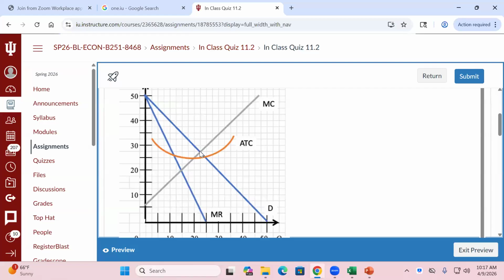Now, if I'm charging every consumer exactly how much they're willing to pay, every consumer's surplus would be what? Zero. So we said when we have perfect price discrimination, consumer surplus is zero, deadweight loss is zero, and what would producer surplus be?